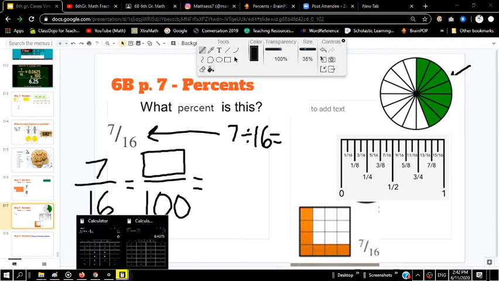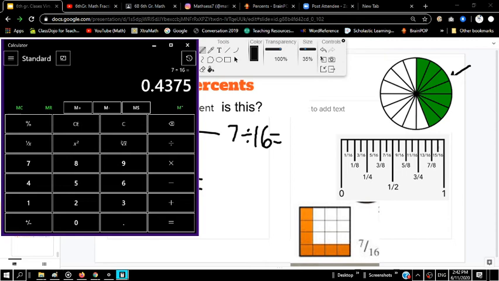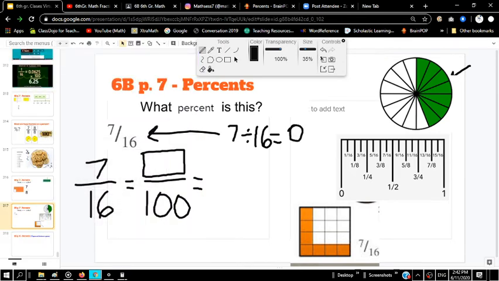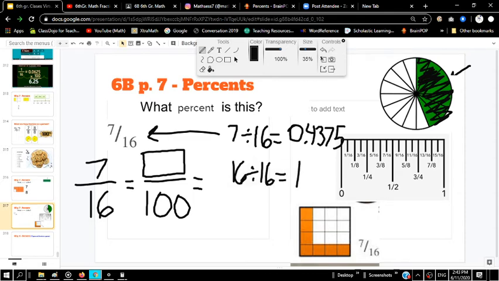So we have 0.4375, okay, is going to be the part that's shaded in right here, this whole green section. That's my part that's been shaded in. If we had 16 divided by 16, for example, 16 divided by 16 is going to give me 1, right?